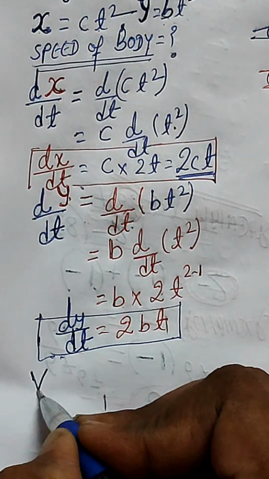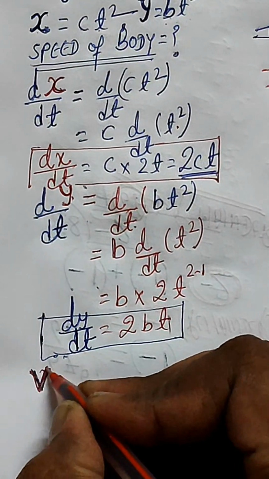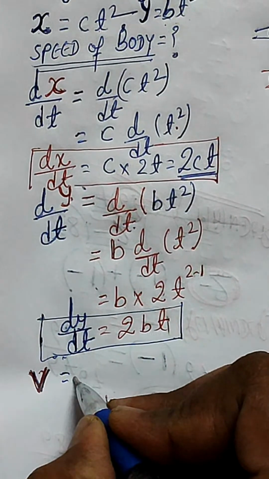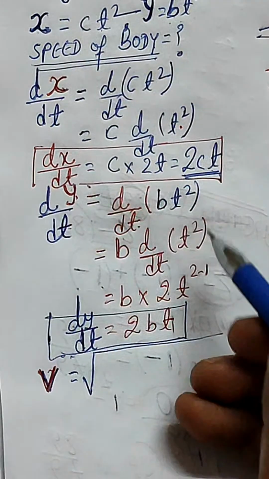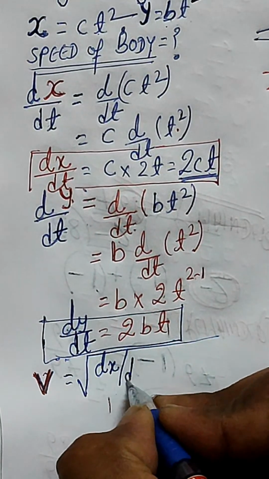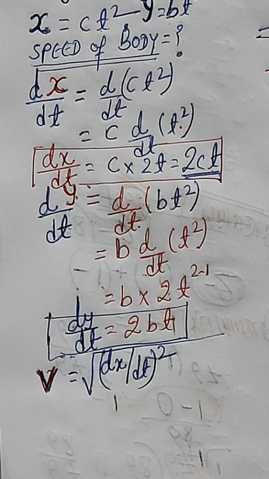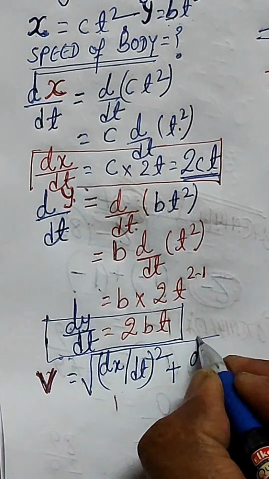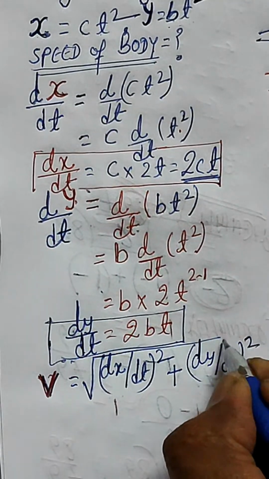That means v, velocity or speed of the body, can be calculated as root over of dx by dt whole square, because this is the x component of the velocity, right, plus dy by dt whole square.